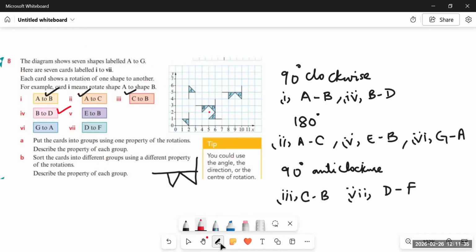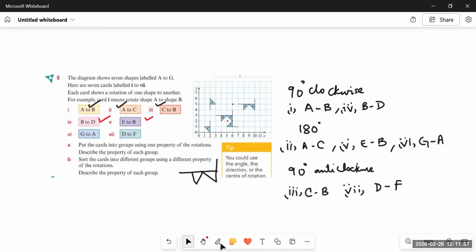For E to B. So in the second group falls number 4, number 5, and the last one falls for 6,5. This is the center of rotation for G to A and D to F. And that's all. Okay, students.